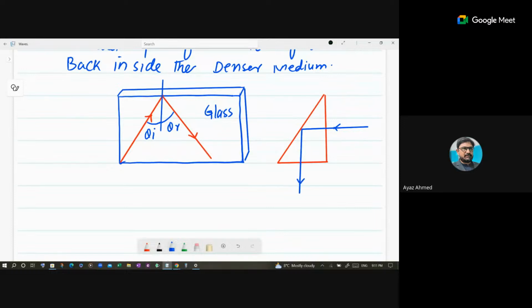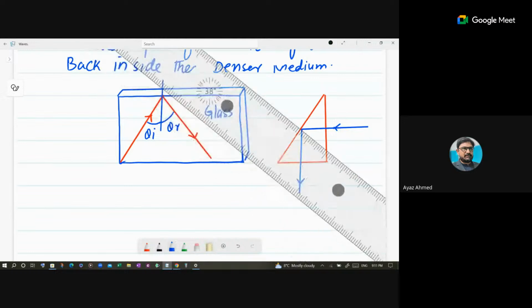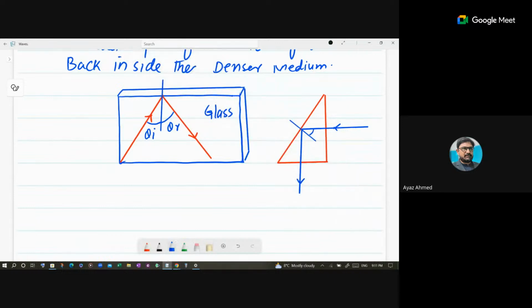It is total internal reflection. Here we say that light is reflected back. So let's say this is the normal, and the light is entering, so this is your angle of incidence and this is your angle of reflection. Is this clear now?